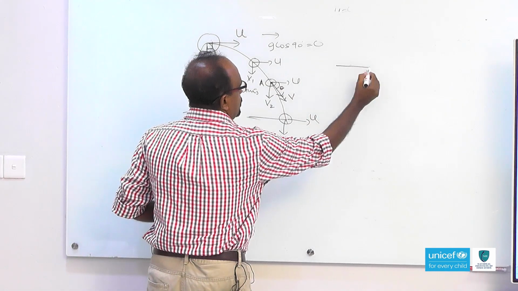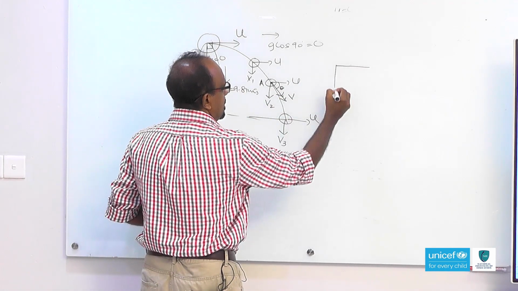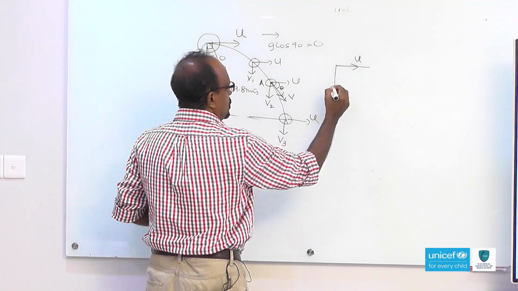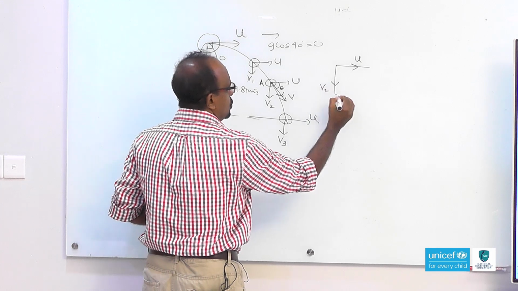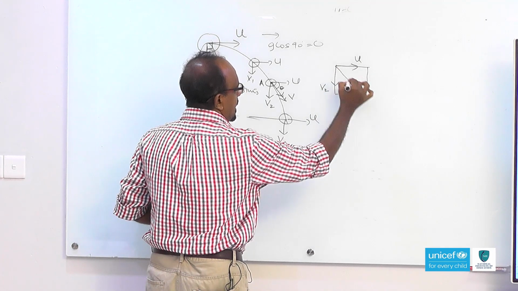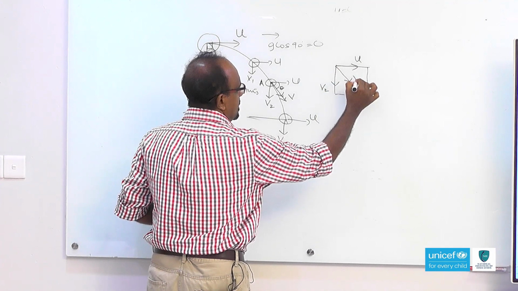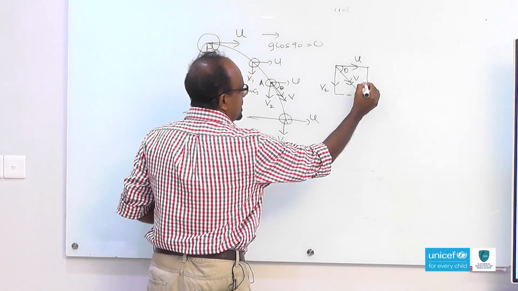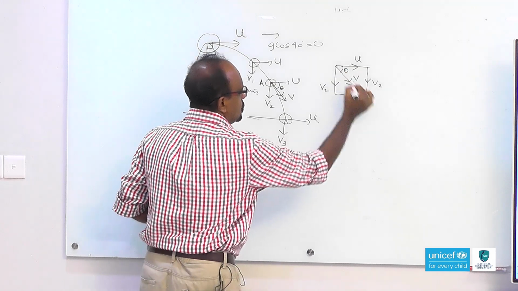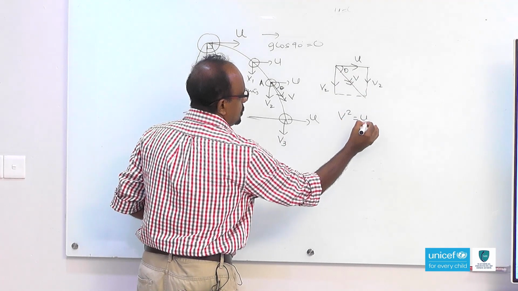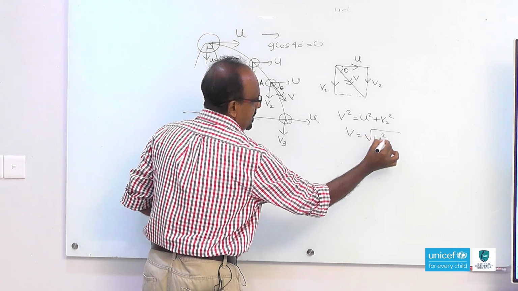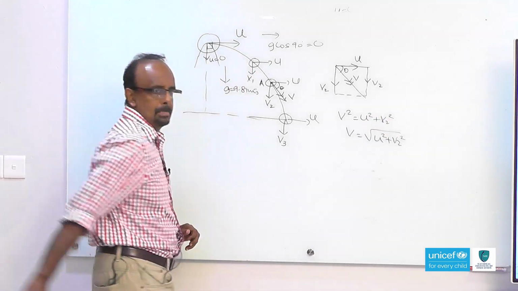Now if you want to find the velocity here, you have the horizontal velocity u and the vertical velocity v2. We can complete the vector diagram and this will be the resultant. We can use Pythagoras: v squared equals u squared plus v2 squared, so v will be the square root of this value.